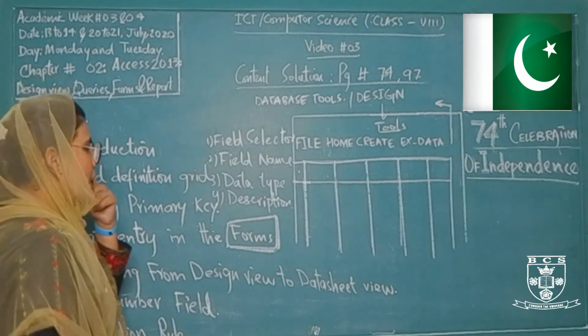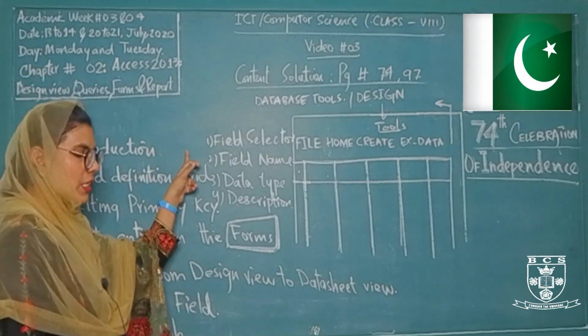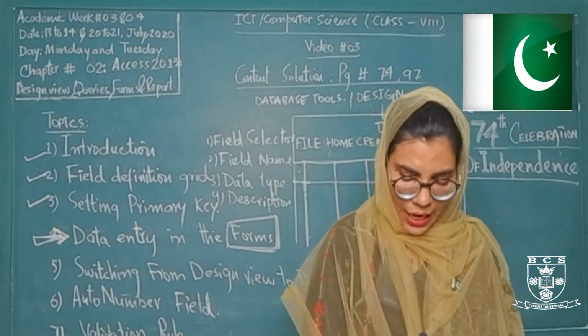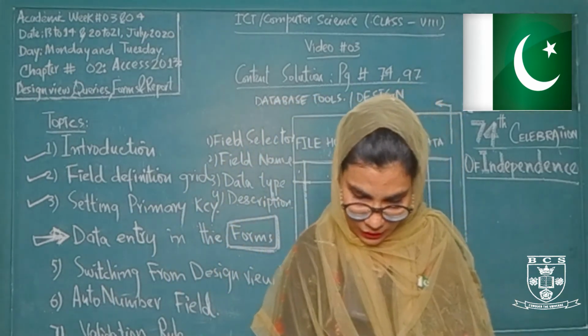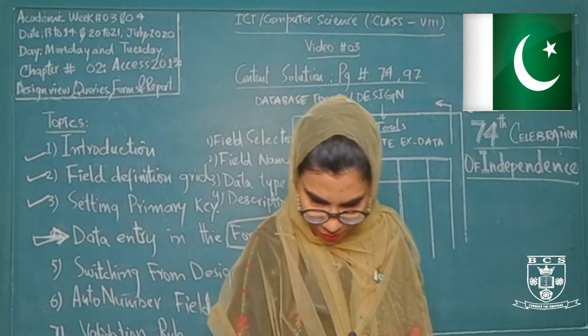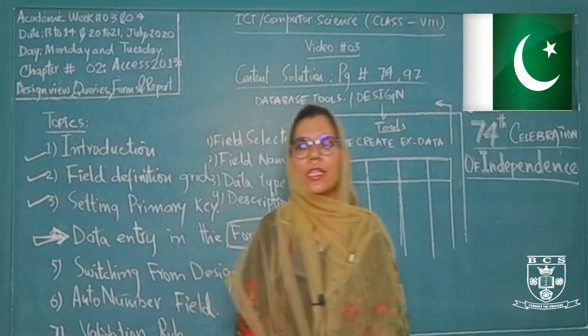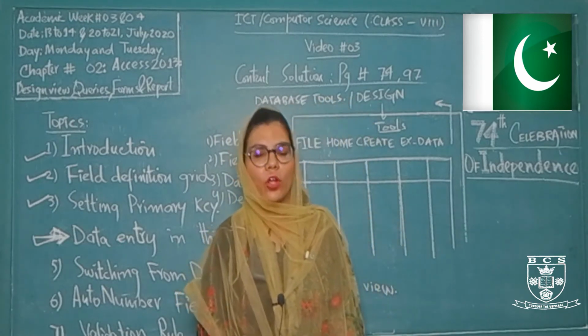So the first part is the field selector. With the help of this option, we can edit our data. What is basically the field selector? Field selector is the gray box on the left side of your table.